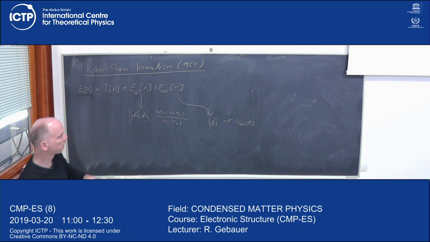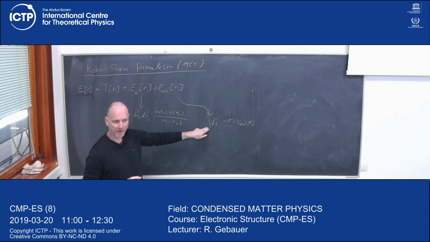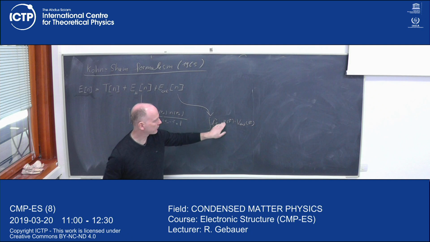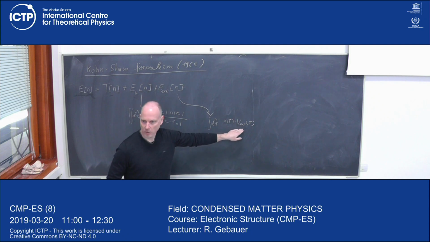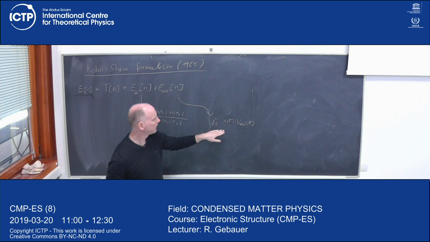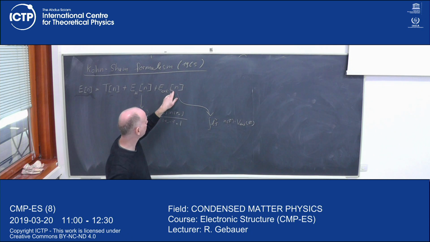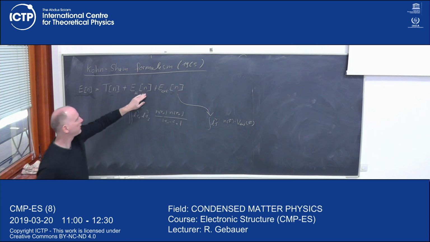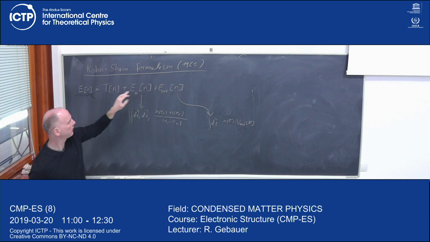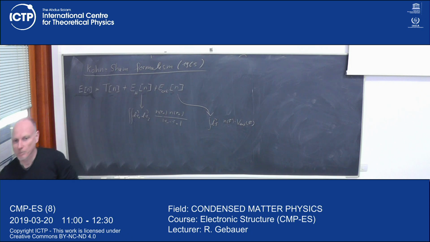So also this here is a prototype of a functional. You give me the functional n of r. This is given because we know where the atoms are, what kind of atoms. So we have this thing here, and we can write this. So this we have written as a functional of the density. This we have written as a function of the density. This not. But we cannot just stop here.